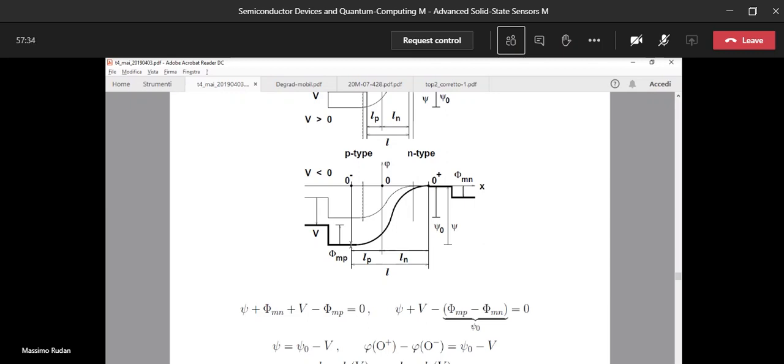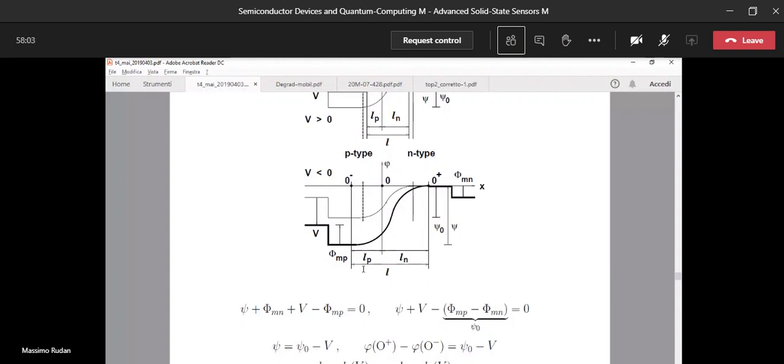Okay. When you apply a reverse bias to a p-n junction, the extension of the space charge region increases. So in this case, L is larger, this L, than in equilibrium, and even more so with respect to the direct bias, okay?